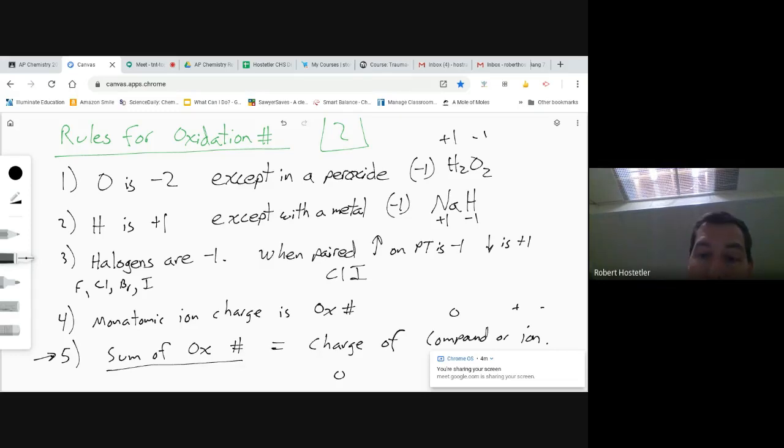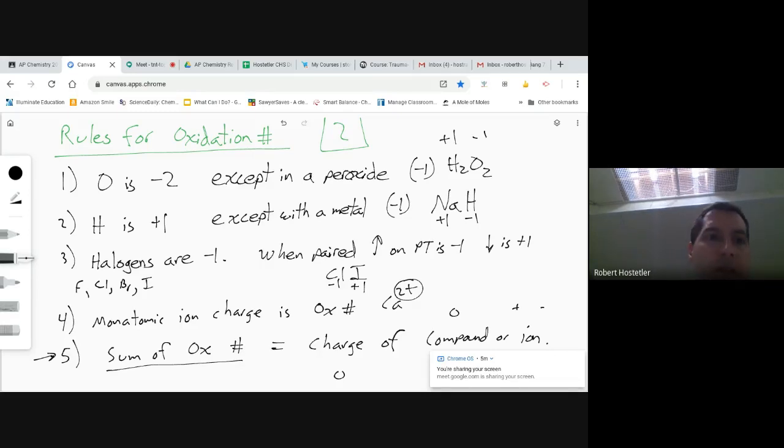So in this case, chlorine is higher on the list than iodine, so their oxidation numbers will look like that. Doesn't happen very often, but you know, AP tests, they do goofy stuff on purpose, so watch out for that. And then if you have a monatomic ion like Ca2+, then we know its oxidation number is just going to be +2.